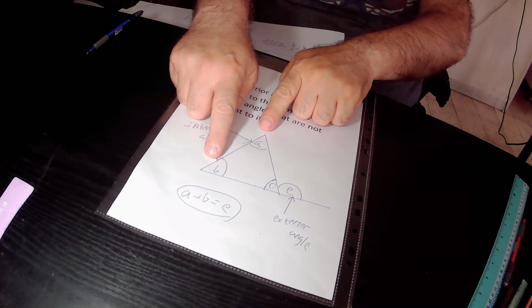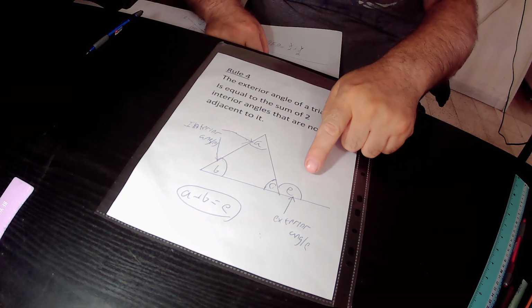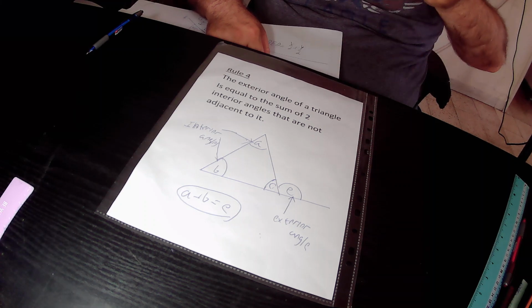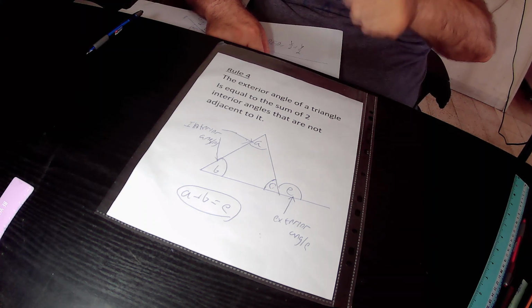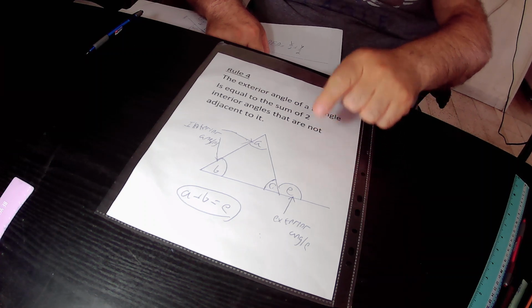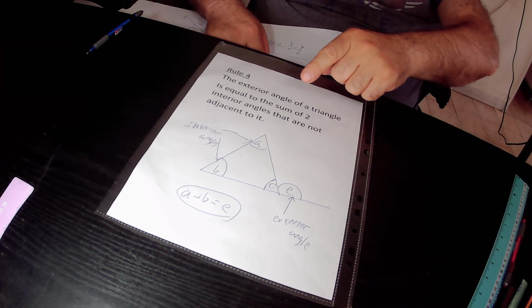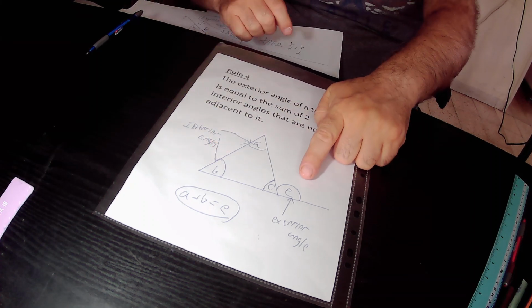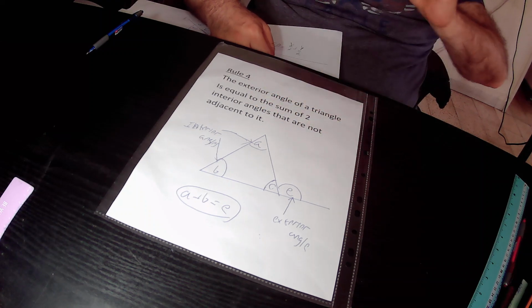That is to say, it is A plus B. So the external angle of a triangle is equal to the sum of the two angles that are not adjacent to it. The external angle is E. The sum of the two angles that are not adjacent to it is A plus B. So the size of angle E is A plus B.